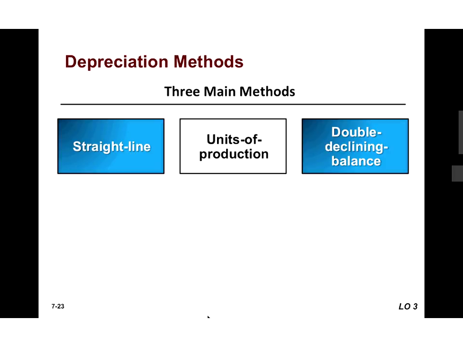Okay, so next up. So now we're leaving straight line and going to units of production. Units of production can be used when your equipment or your item wears out over time based on some usage. A common example is miles driven.